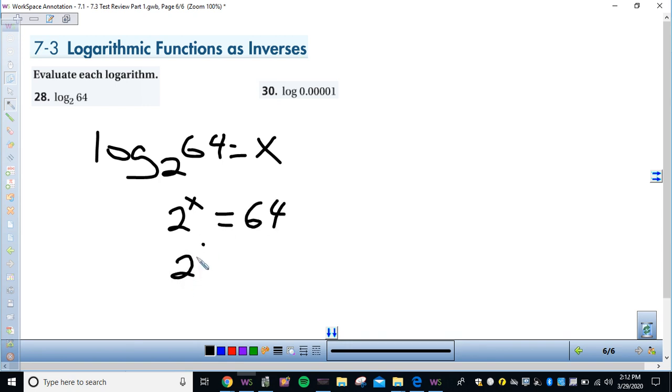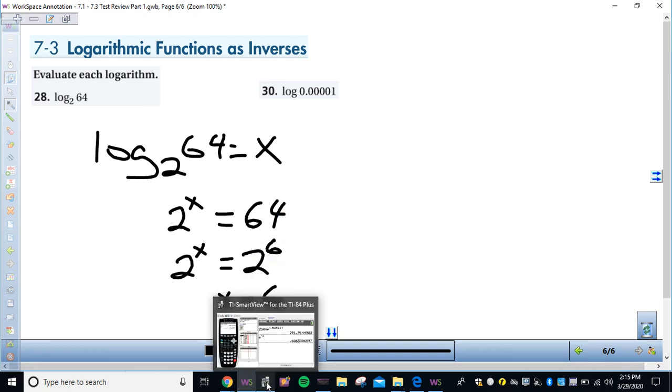So we can rewrite this with the common base. So 2 to the x equals 2 to the 6th power. Then remember, when we have the same base, we can go ahead and set the exponents equal to one another. So x equals 6. So let's say you didn't know that 2 to the 6th power was 64. How do you solve that issue?